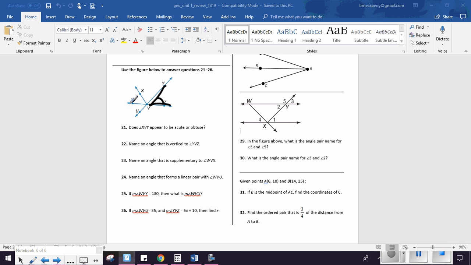The angle would be WVU. Together they form a perfect X, or a bow tie. When it comes to naming angles, the order of the lettering doesn't matter as long as the vertex is in the middle.